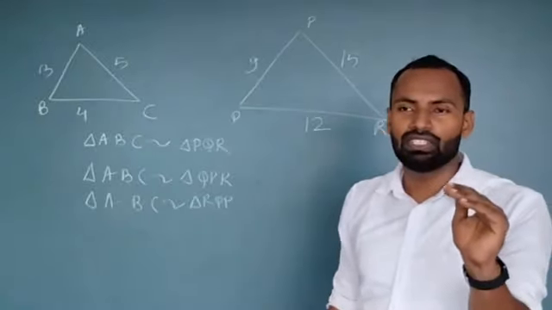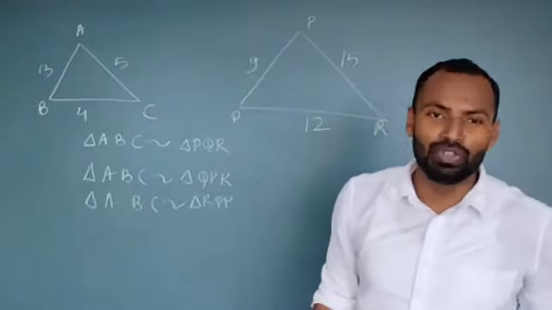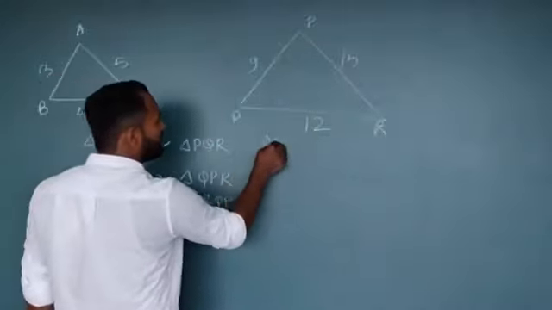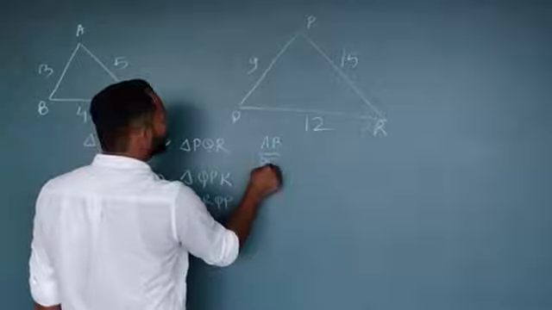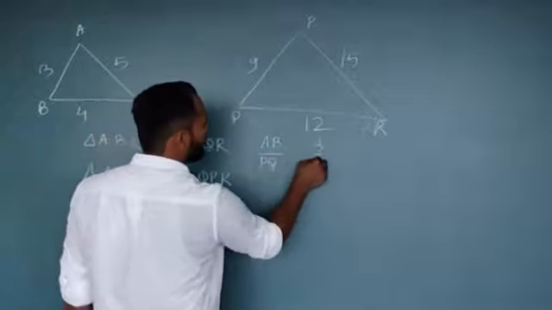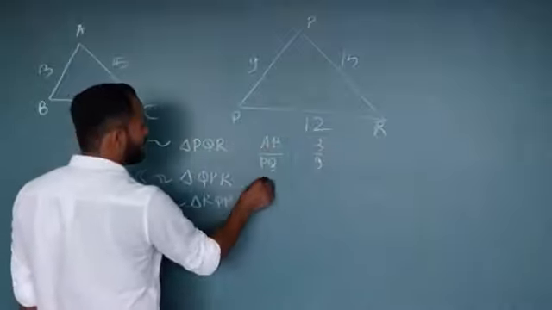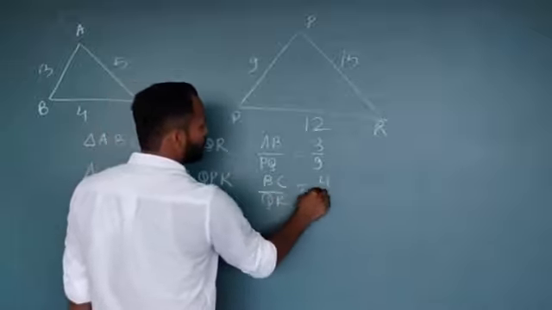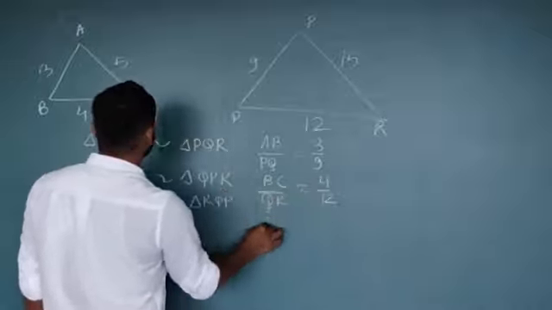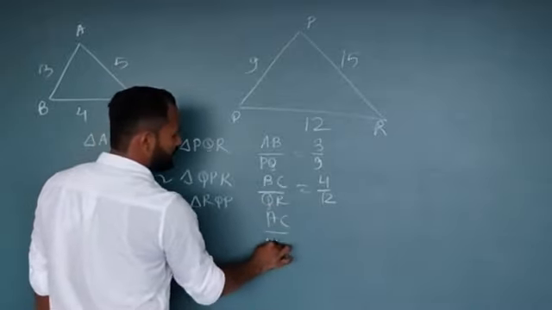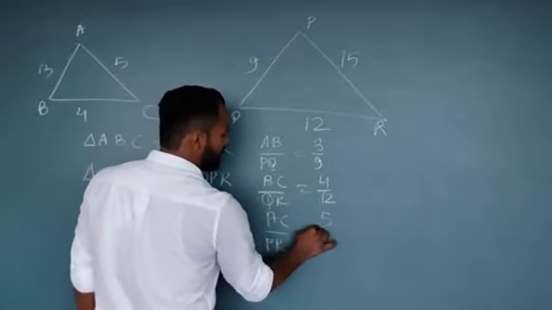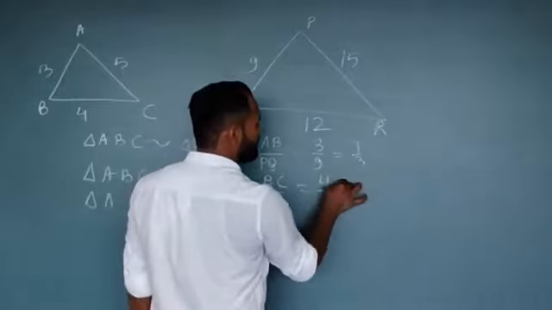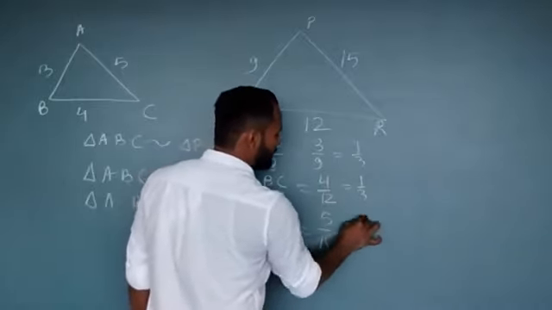If I am asking which of the following is correct, you have to look at the figure. Which side is proportional to which side? In this diagram, AB divided by PQ is 3/9. Similarly, BC divided by QR is 4/12, and AC divided by PR is 5/15. So in all the cases I am getting 1/3, 1/3 and 1/3.